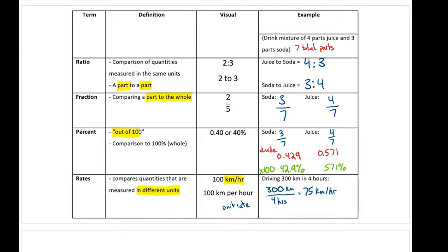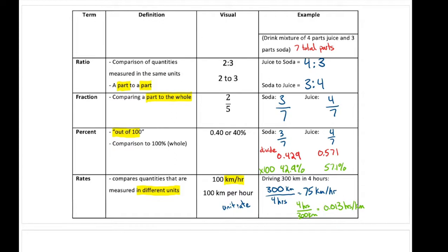If you were to do it the other way, as an example, say 4 hours divided by 300 kilometers, you would get 0.013, and then your units would be hours per kilometer. So that means it takes you 0.013 hours to travel a kilometer.